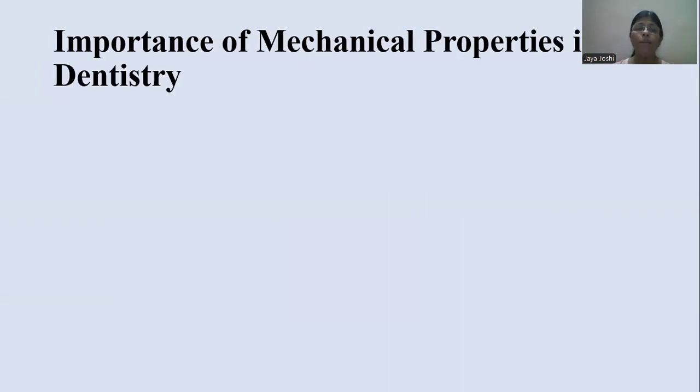Now, what is the importance of mechanical properties in dentistry? Not only mechanical properties, but other properties are also very much important in dentistry. A dentist's role is similar to that of a civil engineer's role.